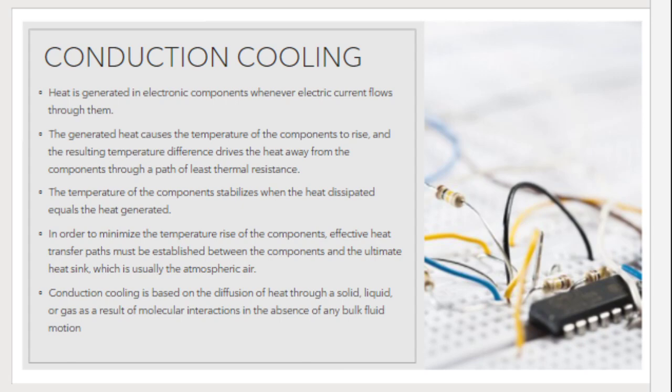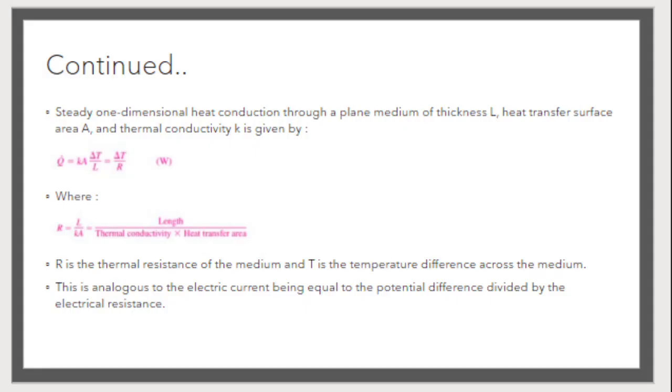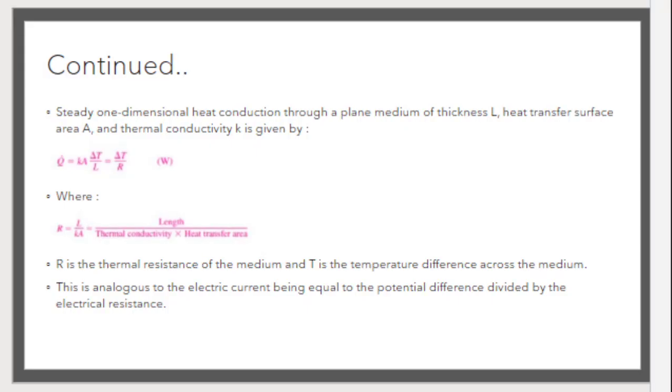Conduction cooling is based on the diffusion of heat through solid, liquid, or gas as a result of molecular interactions in the absence of any bulk fluid motion. Steady one-dimensional heat conduction through a plane medium of thickness L, heat transfer surface area A, and thermal conductivity k is given by Q = kA ΔT / L = ΔT / R, where R = L / kA.